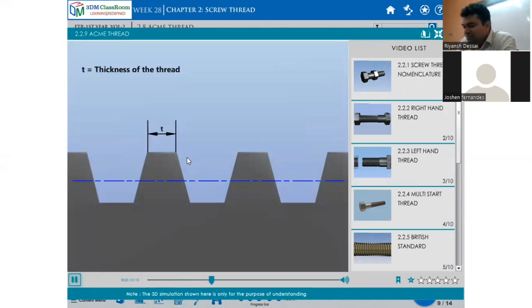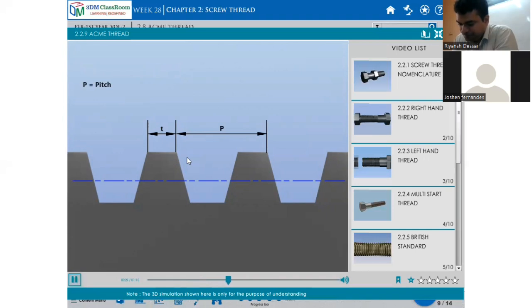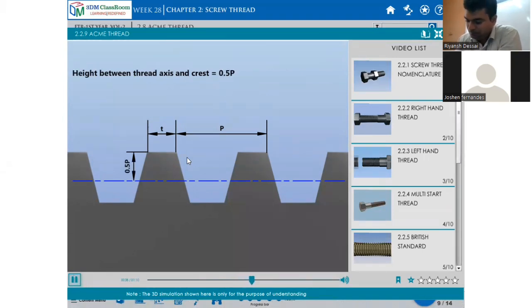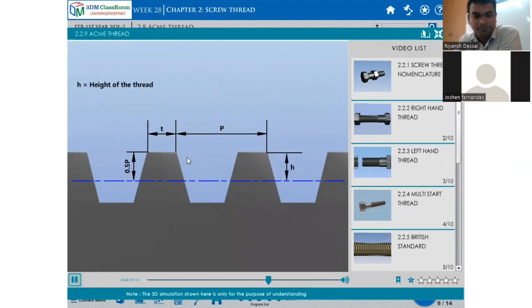T is the thickness of the thread. P is equal to pitch. The height between the thread axis and crest is equal to 0.5 p. H is equal to the height of the thread.